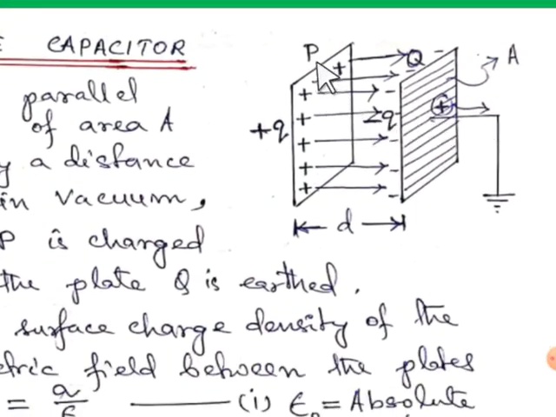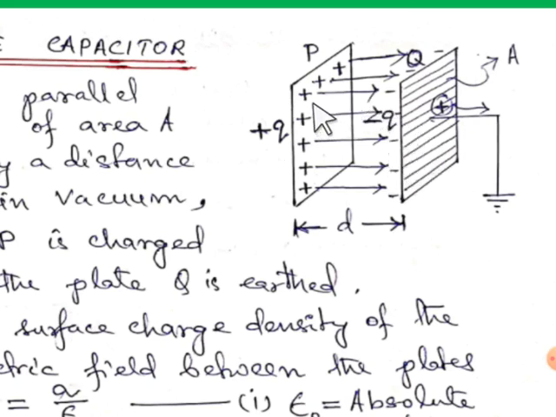Let P and Q be the two parallel plates having common area capital A. Got it? This plate P is given a charge plus q, the distance between the two parallel plates is small d, and they are placed in vacuum.